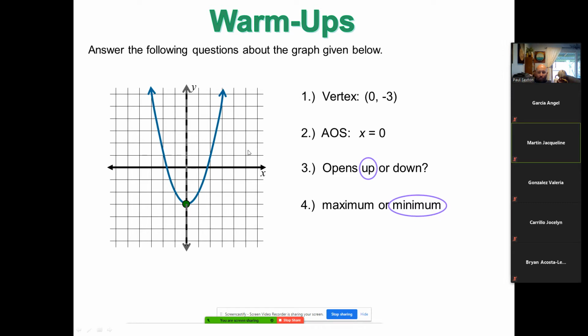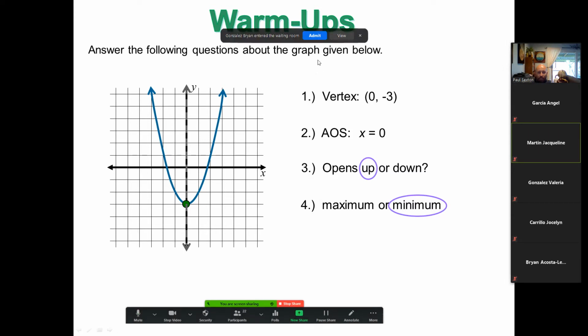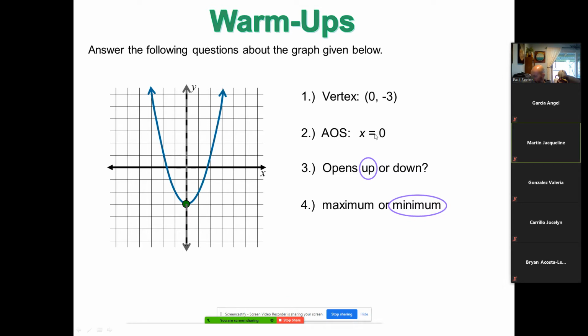All right, any questions with these? Anybody get them all right? All 4 correct? Not one person? So this stuff is that challenging? That hard, huh? All right, I guess we need more practice there.